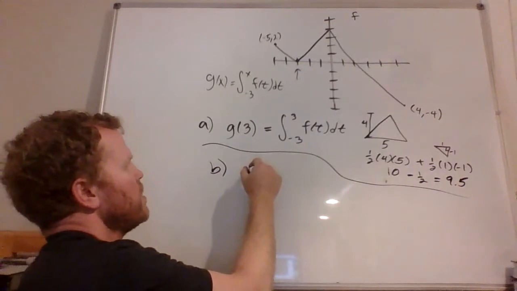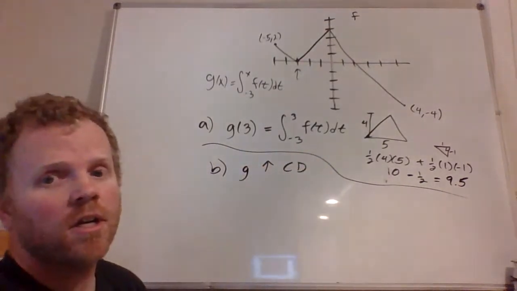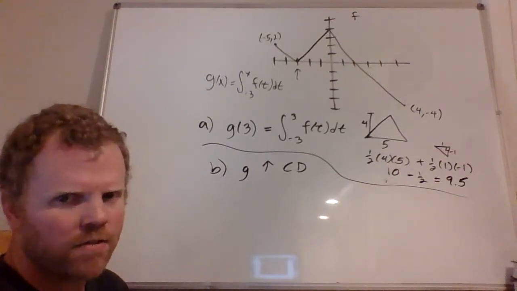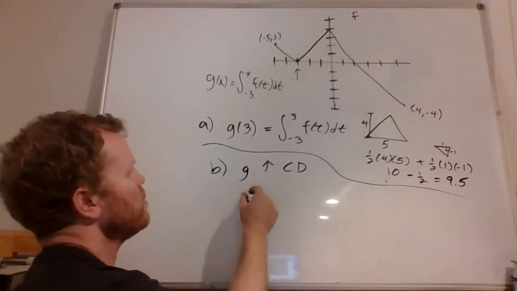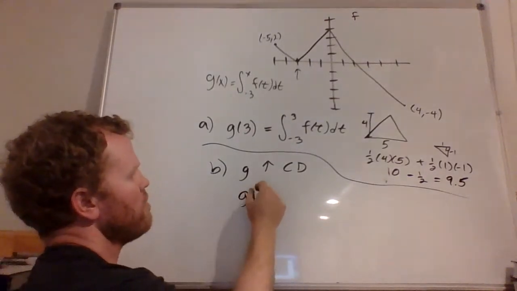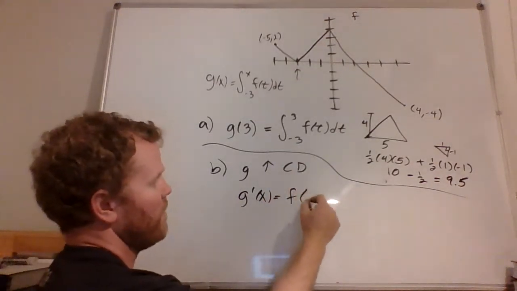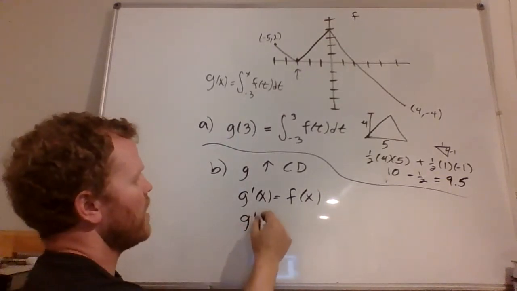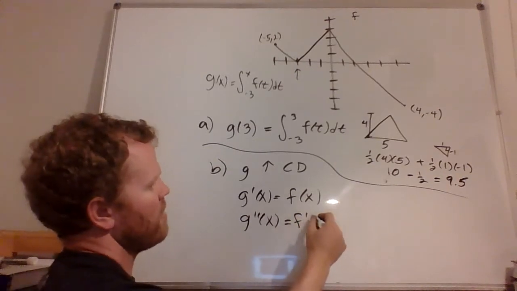B wants to know when g is increasing and concave down. So if you're increasing, the derivative needs to be positive, and if you're concave down, the second derivative needs to be negative. So you need to find g prime of x, which according to the FTC is just f, because it's defined as an accumulator function, and you need to find g double prime, which is f prime.